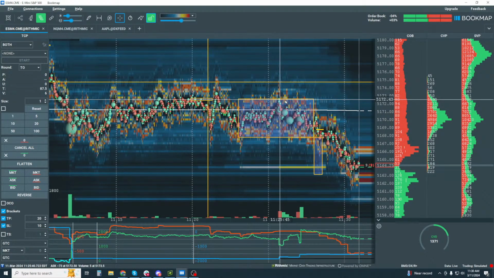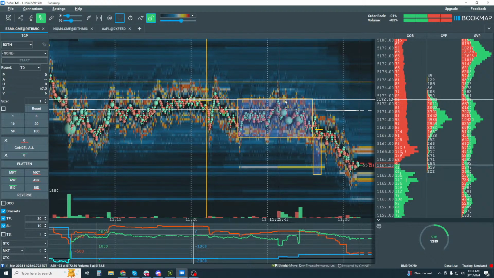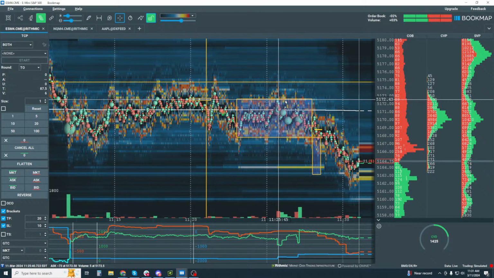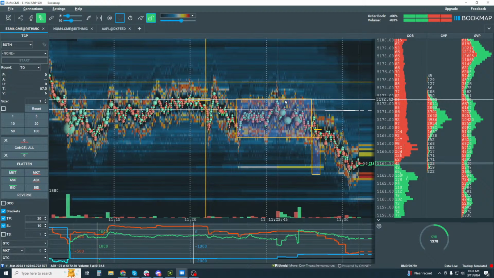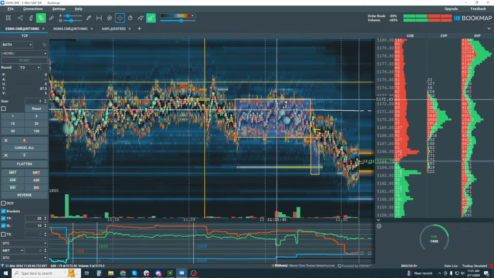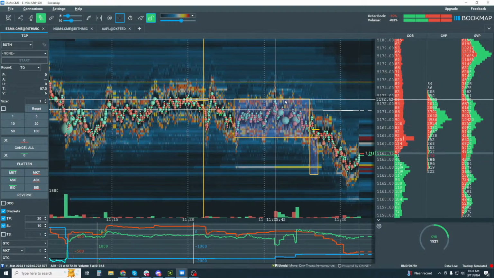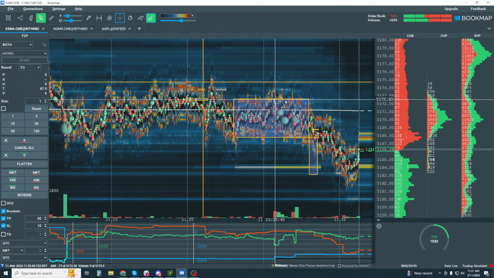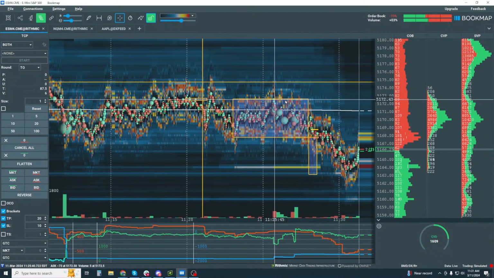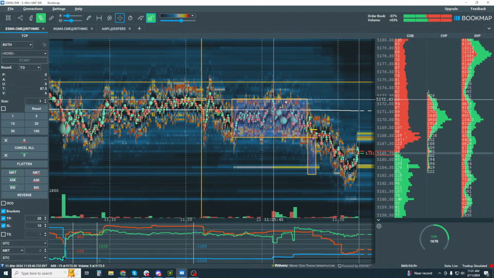Record your data, go back and play it in replay mode. That's going to be really, really helpful. And take the trade over and over again in replay mode. See how you can refine it and look for some of these things in here. Get really good at it. And then get really good at your trade management.